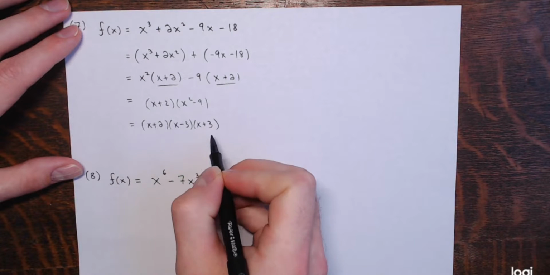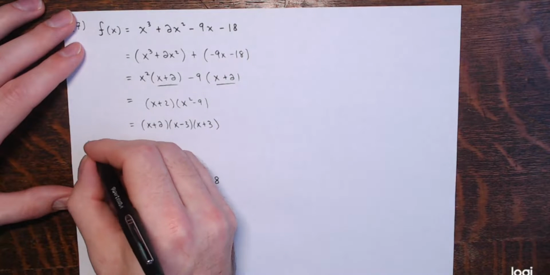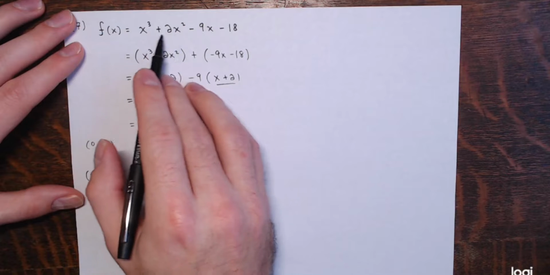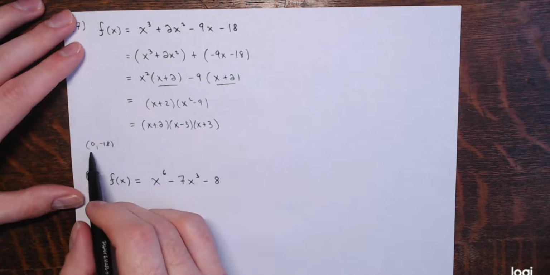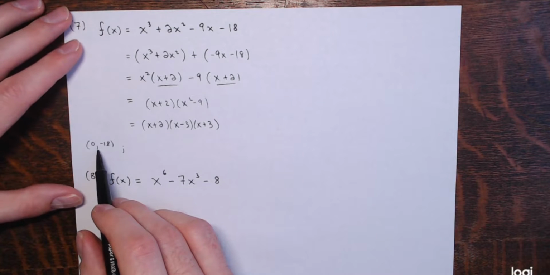And now again, I hope it's obvious what the intercepts are. You'd have 0, negative 18. Right? If x were 0, all the first 3 terms up here would disappear. You'd be left with an output of negative 18. So that's the y-intercept. So there's not a zero or a root there. Right? That's not an x-intercept.